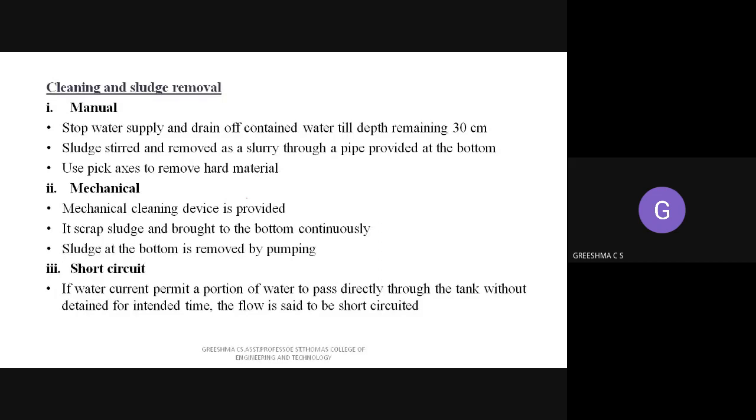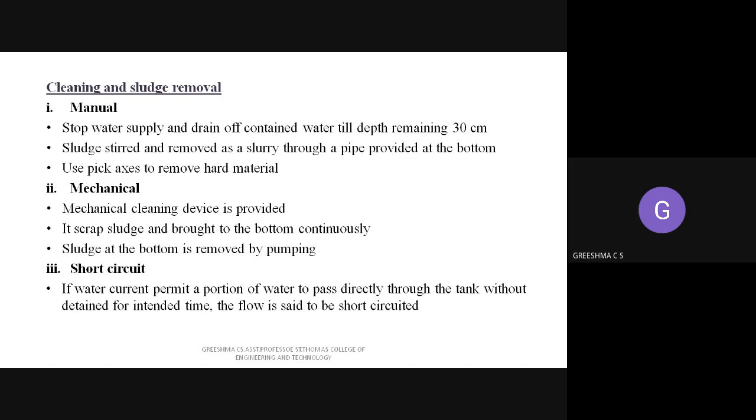First, you can remove it manually: stop the water supply and drain off the contaminated water till the remaining depth is 30 centimeter. The sludge is stirred and removed as slurry through a pipe provided at the bottom. Use a pickaxe to remove hard material. This is usually how we clean the water tank at home.